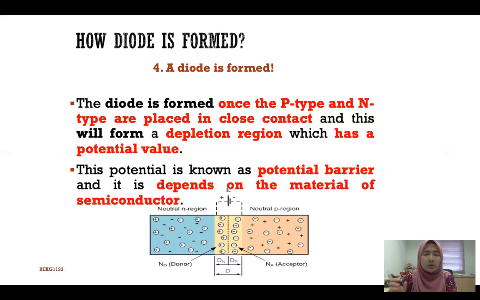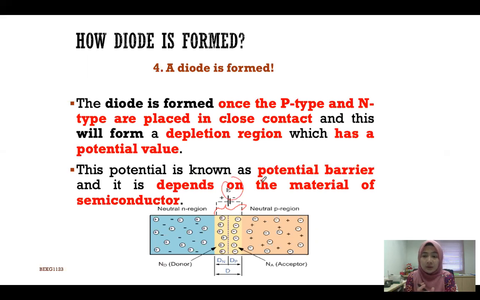The diode is formed once the P-type and N-type materials are placed in close contact, and this will form a depletion region in the middle, which has a potential value. Remember, this depletion region has a potential value.